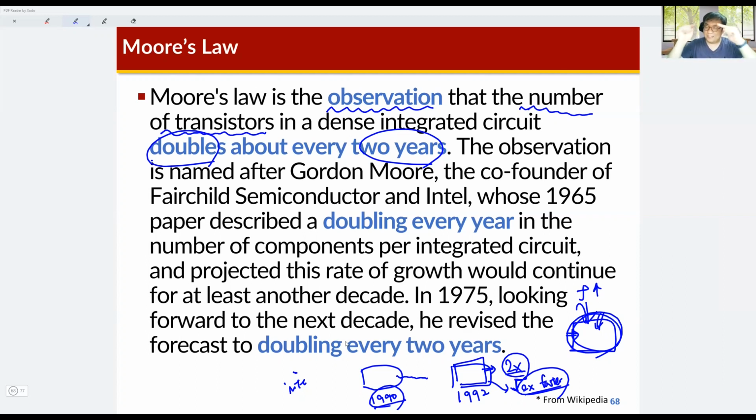Intel set this goal for semiconductor manufacturing, and based on this goal, Intel developed the semiconductor technology, and also the performance of the CPU, and the manufacturing of the CPU.